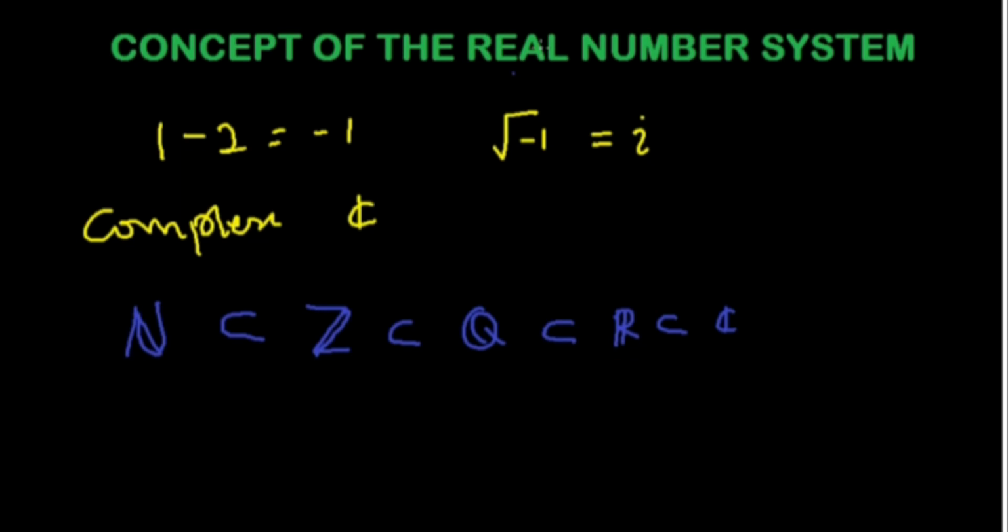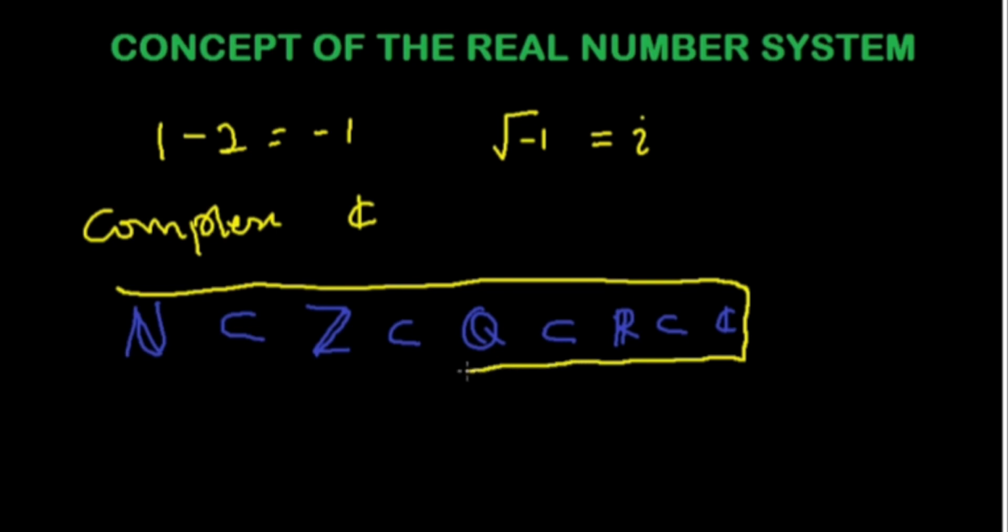Now this arrangement is very, very important for you to know, because it helps you to rightly categorize them into where they belong. Natural numbers can be seen from the set of integers, because integers are both positive and negative, so we can also get positive numbers from a set that contains positive and negative numbers.